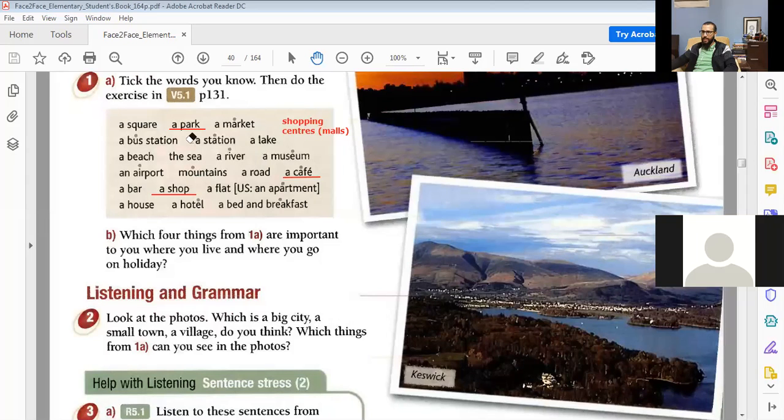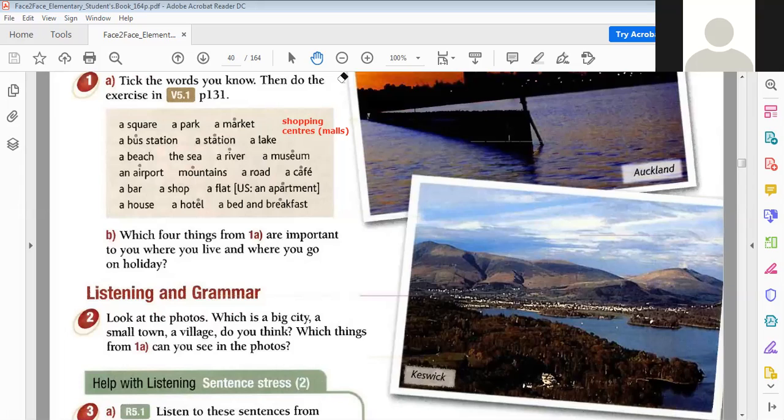What about you, Amira? What do you think? Some important places where you live and important places when you travel, when you go on holiday. Look, actually, I don't have a holiday because I study and work 7 days a week, so I don't leave my house.